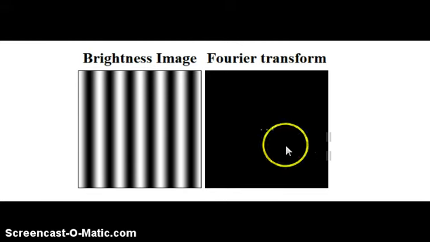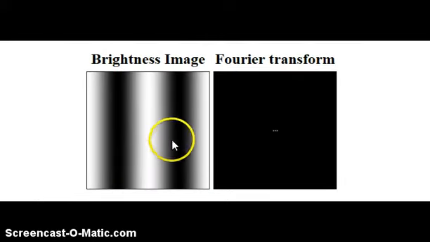The higher the contrast in the original image determines the brightness of the pixel in the Fourier transform. And also lastly, since there's only one Fourier component in the original image, all other values in the Fourier image are zero, and they're all depicted by black in all this other space. That's why there's only one frequency here.